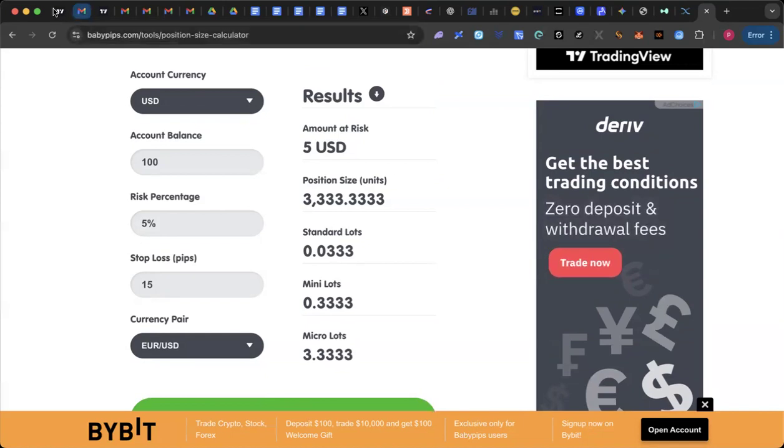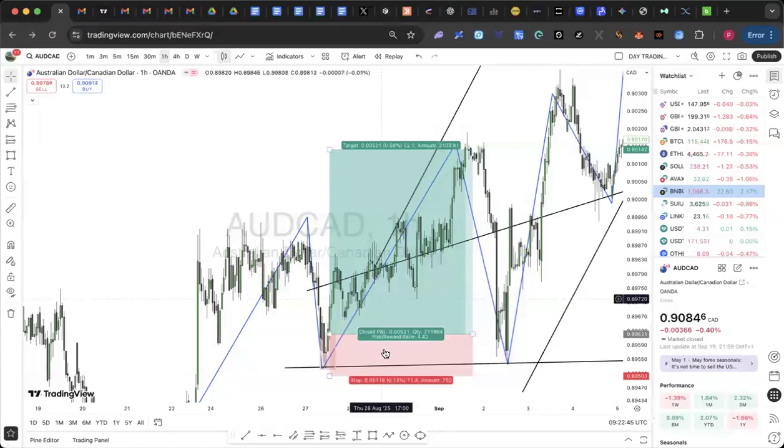And that's exactly what you're doing. Look at it. 0.03 is what you are going to use to enter this trade if you are taking one position, right? Because if you look at it now, our pips is 11.8, so the average of that. So you are using 0.03 so that if the market invalidates, you lose $5.